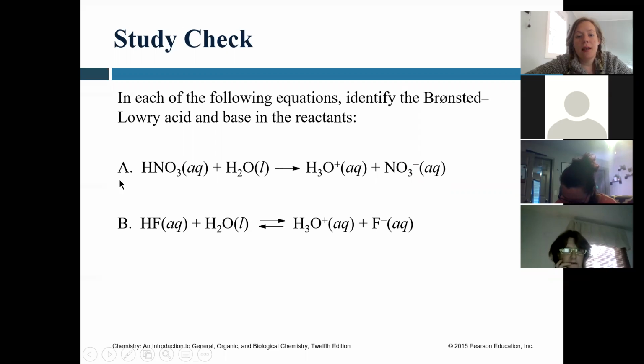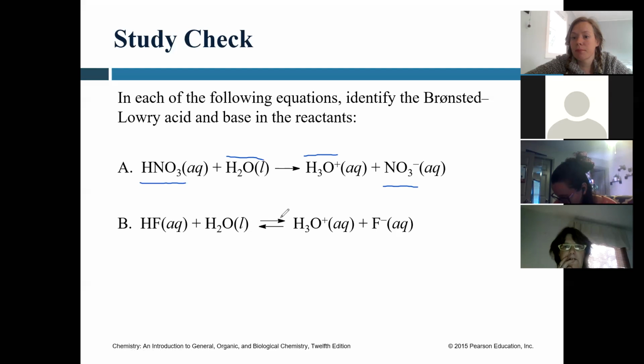Looking at these, it says in each of the following equations, identify the Bronsted-Lowry acid and base. So we want to figure out which of the reactants is acting as the acid and which is acting as the base. First one together, find the pairing. This guy looks very similar to this guy. You good with that? This guy looks pretty close to this guy.